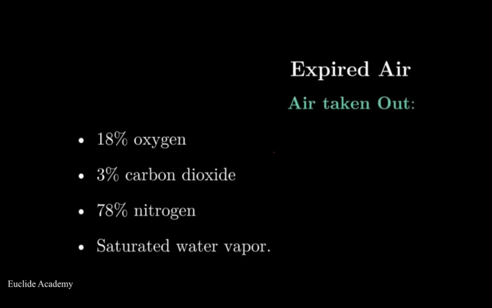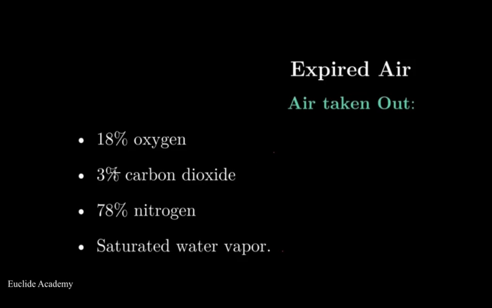Now let us compare with the composition of the air that we breathe out. When we breathe out, we see the numbers are changing. We have about 18% oxygen from 21%, and 3% carbon dioxide from 0.04%. The composition of nitrogen remains the same, and we have got saturated water vapor. So what happened? For oxygen, we used some of the oxygen, so hence we've got a lesser amount out.